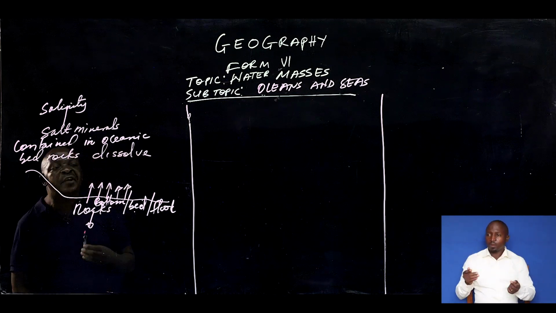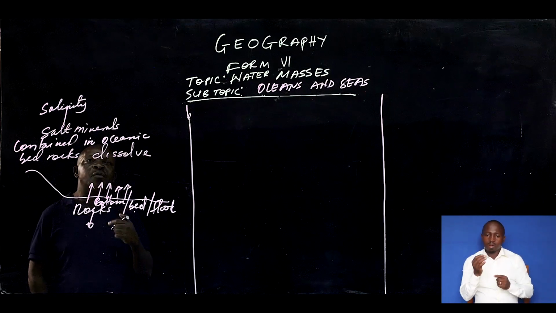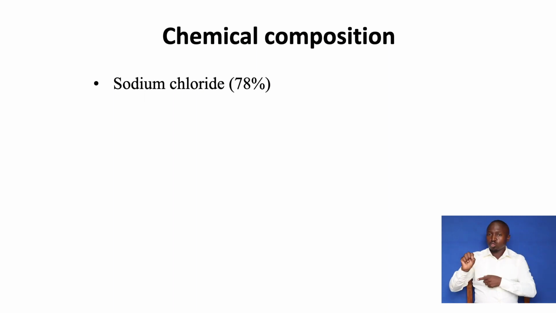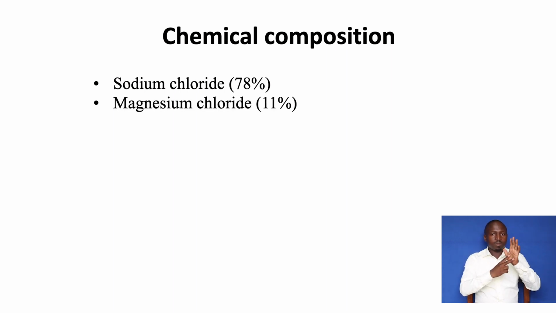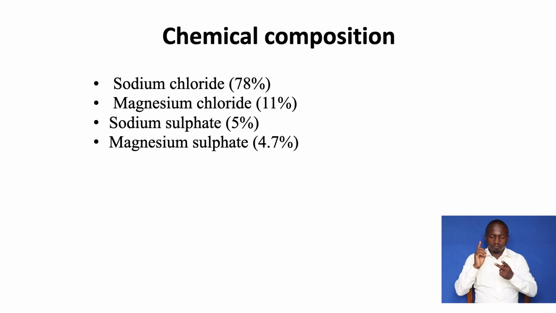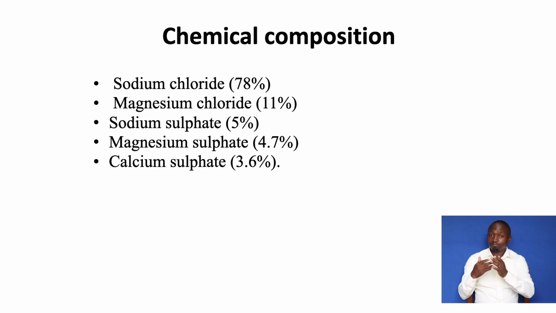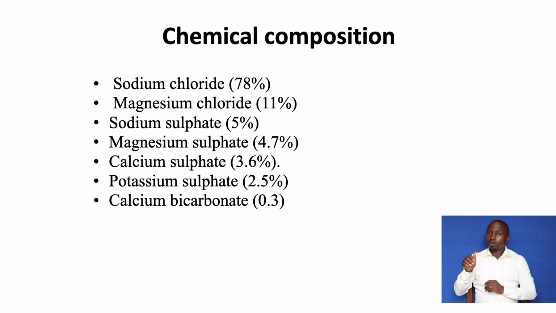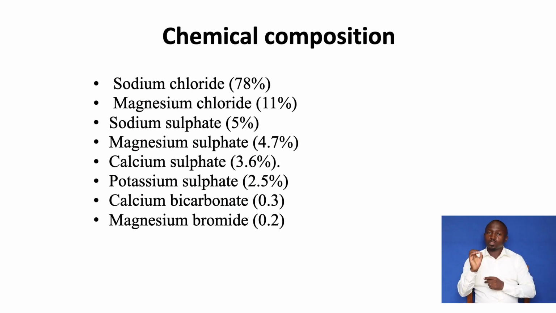Now, the specific salt minerals which dissolve in the oceanic water developing salinity include sodium chloride, having percentage composition of 78%, magnesium chloride, 11%, sodium sulfate, 5%, magnesium sulfate, 4.7%, calcium sulfate, 3.6%, potassium sulfate, 2.5%, calcium bicarbonate, 0.3%, and magnesium bromide, 0.2%.